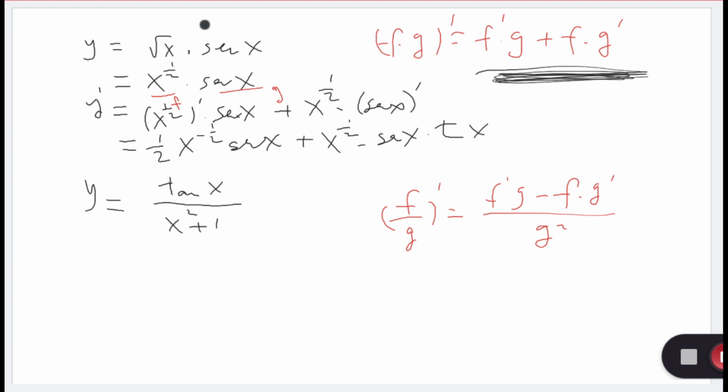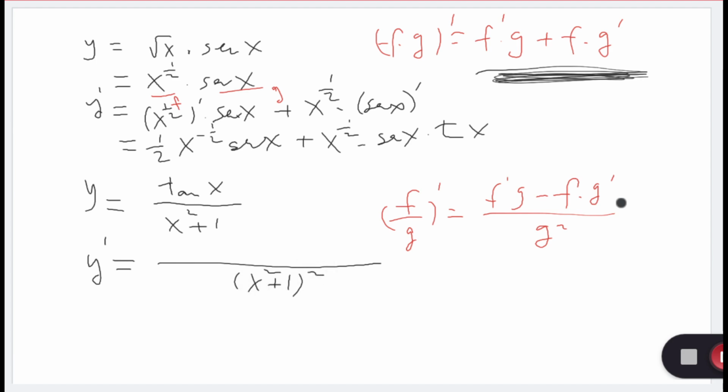And finally, let's see the derivative of tangent over x squared plus 1. This obviously is a fraction, so we're going to use the quotient rule. Remember the quotient rule? f prime g minus f g prime, over g squared. So there's no need to rewrite anything. It's ready, so we'll go ahead and differentiate, starting with y prime equal to, first we're going to have the g squared, so it's x squared plus 1, squared.